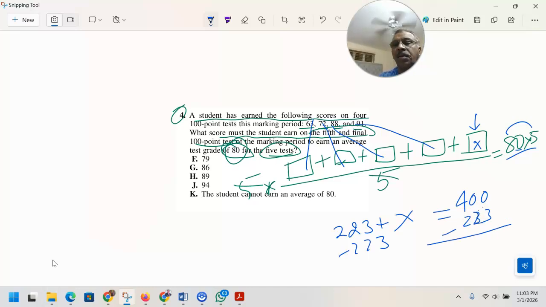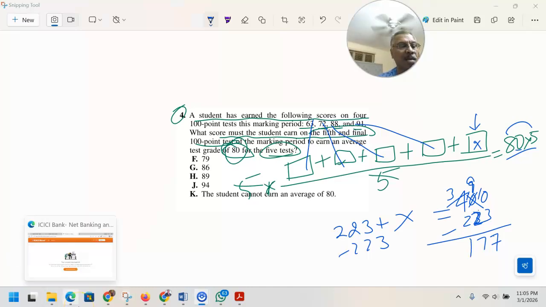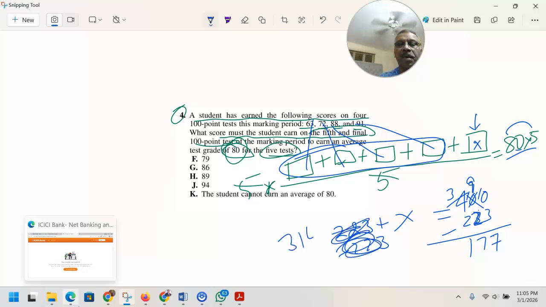223. So that means this will become 3, then 10, and cancel 10, 9. 10 minus 3 is 7. And 2 from 9 is 7. And 2 from 3 is 177. I think I added up this wrong. This one, if you add up, you get 314.